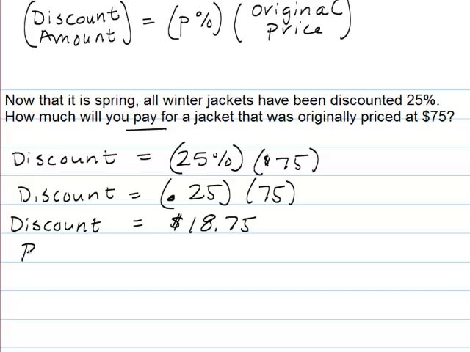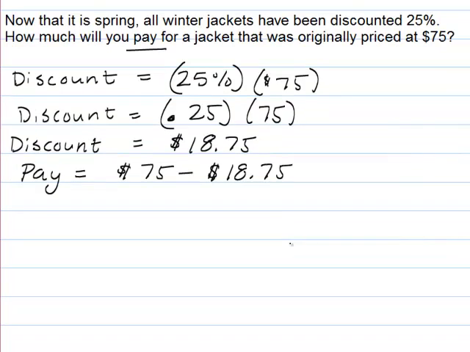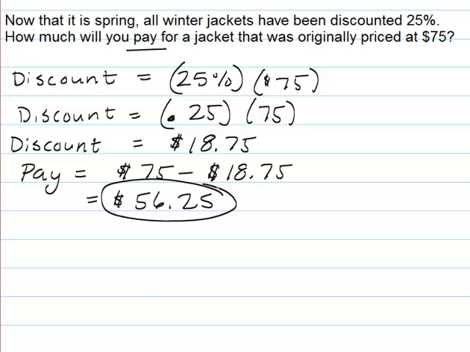You won't pay $18.75. That's what you won't pay, the part that is discounted, the part you don't have to pay. So to find out how much you're going to pay, that will equal the original amount, $75, minus the discount amount, $18.75. When we go ahead and subtract that, we get $56.25. That is how much you will pay for this jacket.